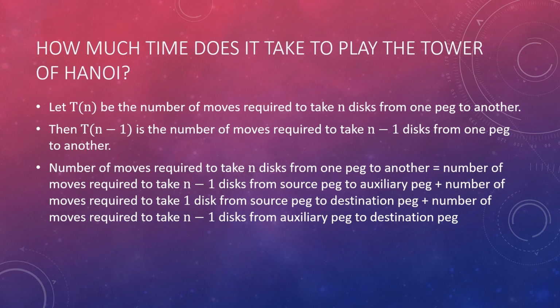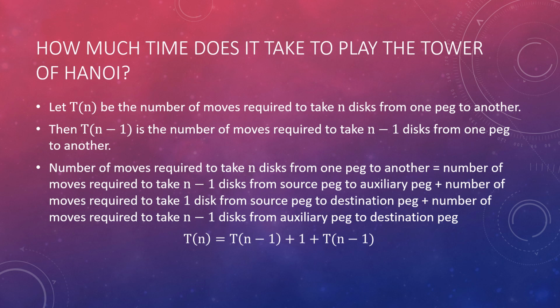This is step 2. Plus number of moves required to take n minus 1 disks from auxiliary peg to destination peg. This is step 3. So Tn is Tn minus 1 plus 1 plus Tn minus 1.